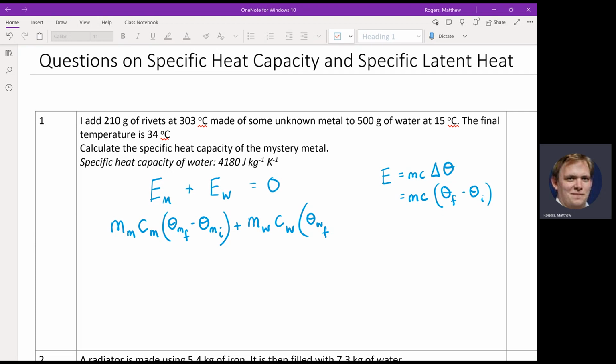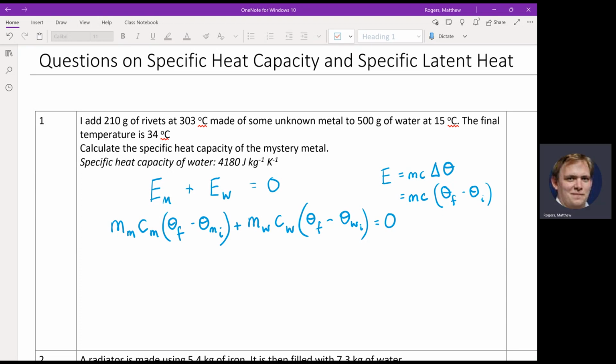Of course, the metal and the water's final temperature is the same, so I probably don't need that extra subscript in there. It's just the final temperature minus the water's initial temperature is equal to 0.